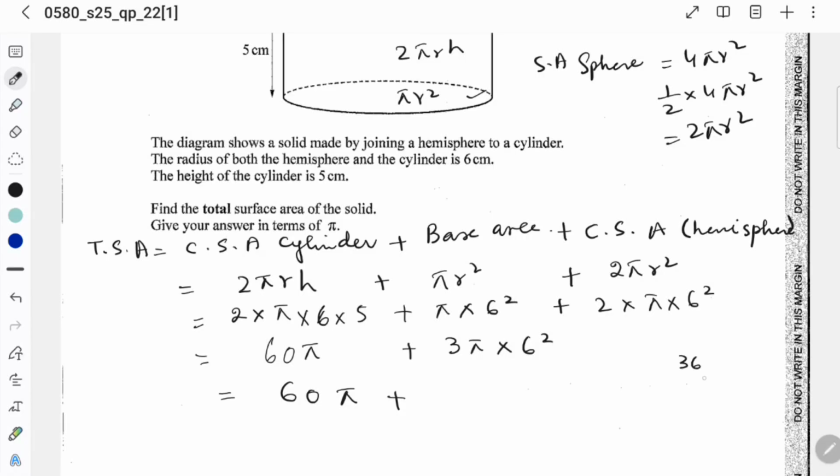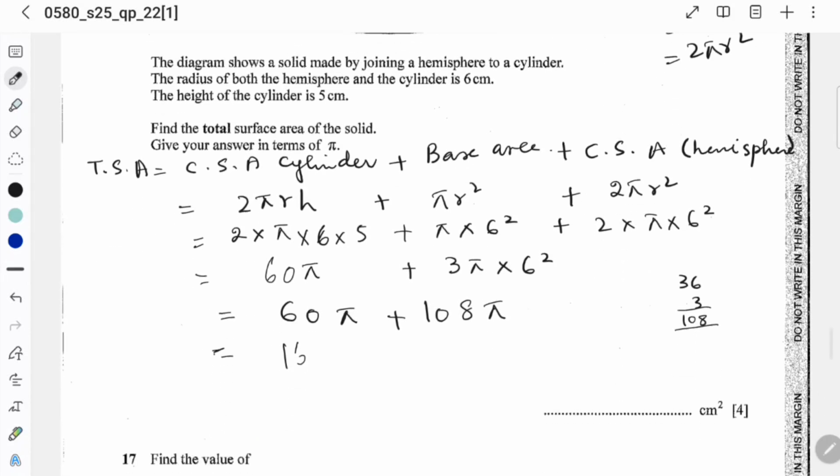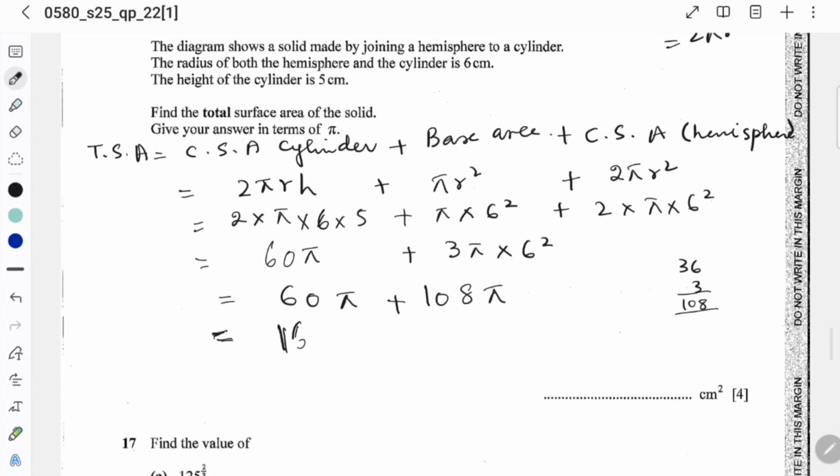Alright, 36 into 3, 6 3s are 18, 3 3s are 9, 108 pi. Now add 60 and 108. Alright, that is 168 pi, the answer for this question. Keep your answer in terms of pi. So we just wrote it in terms of pi.